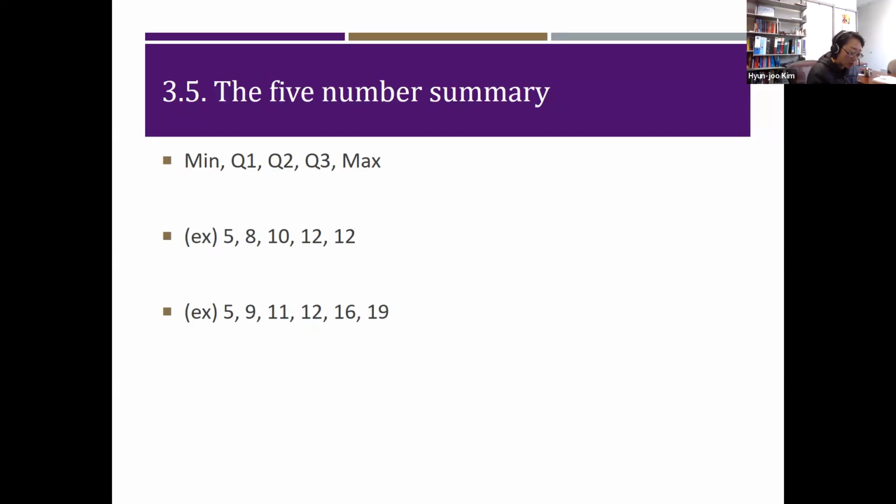Okay, so for the first example, you can kind of see what's the minimum. Minimum is obviously 5, right? And the maximum is 12, right? And the easiest way of finding Q1, Q2, Q3, and again, we're going to do it by hand a couple times, but eventually we'll probably get the box plot drawn in StatCrunch.